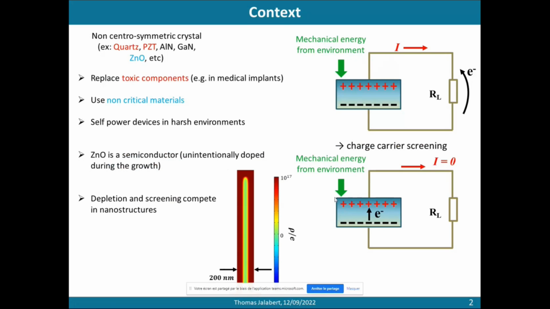However, at the nanoscale, there are depletion phenomena which occur near the surfaces. So these two effects, depletion and screening, compete. Therefore, there is a fundamental interest in studying these effects at the nanoscale, and there is still room for optimization of these semi-conducting piezoelectric materials.